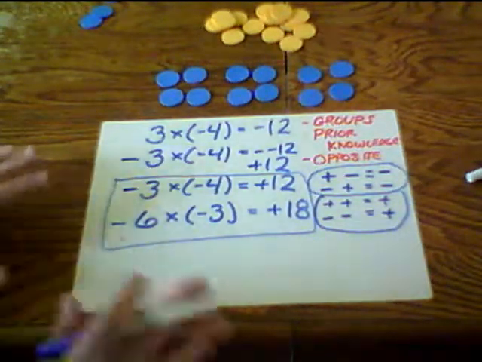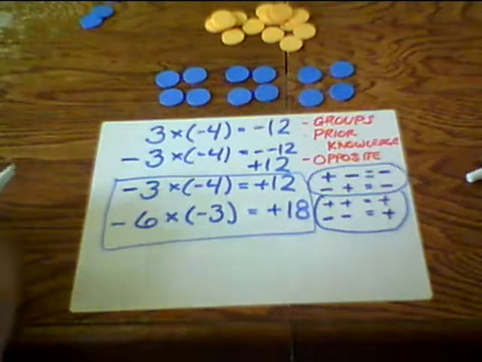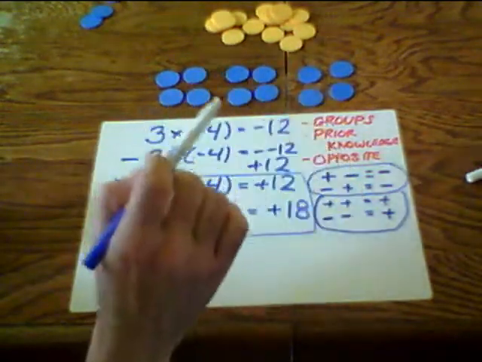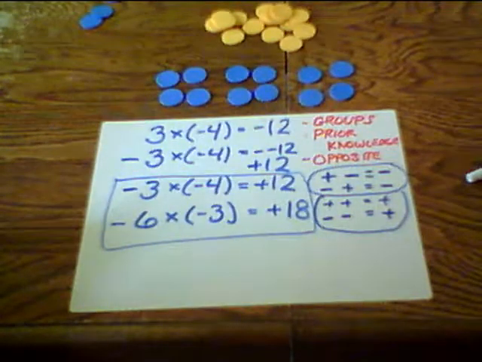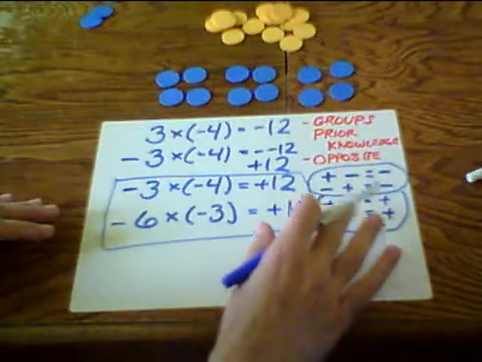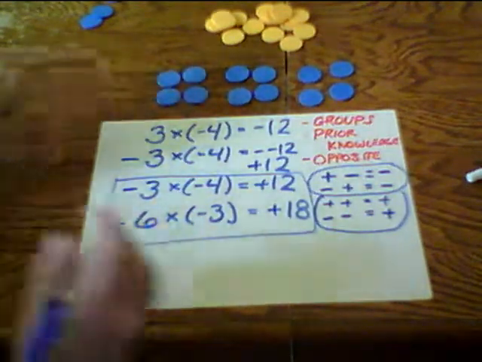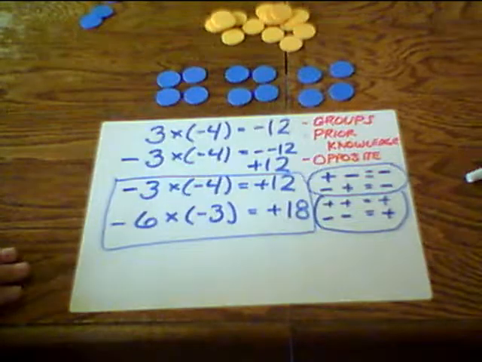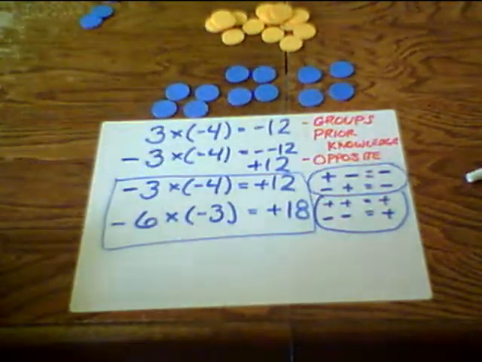But basically, the students have generated these rules for themselves through the ideas of groups, through their prior knowledge of multiplication, and what an opposite really means. So we've developed these rules, the students have developed them, beginning with the concrete or semi-concrete with the drawings. It's in context. Anytime you're using something like this, it's in context.